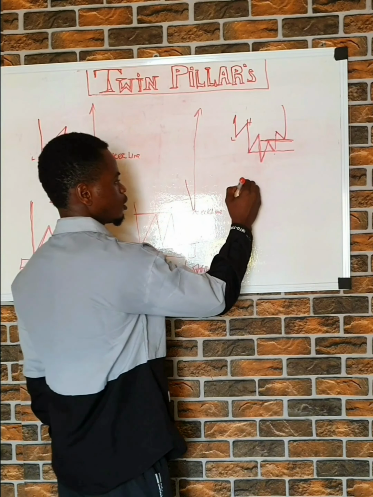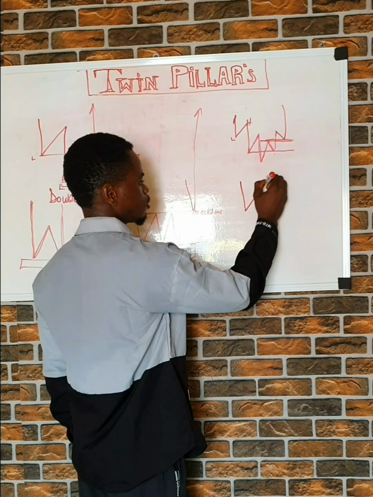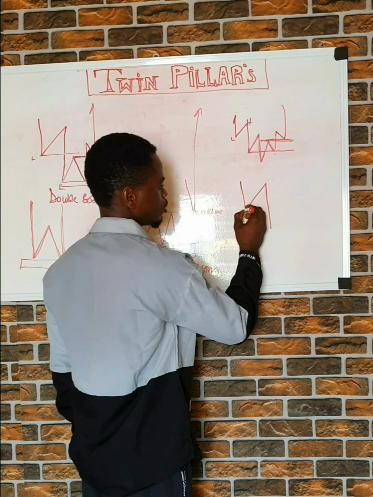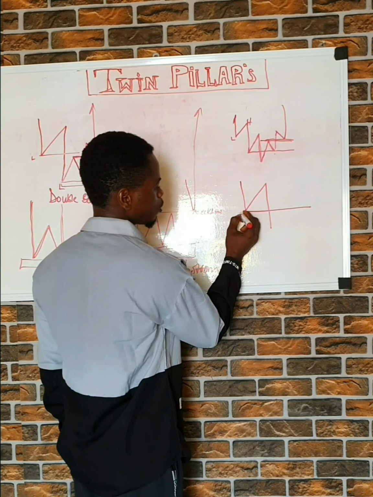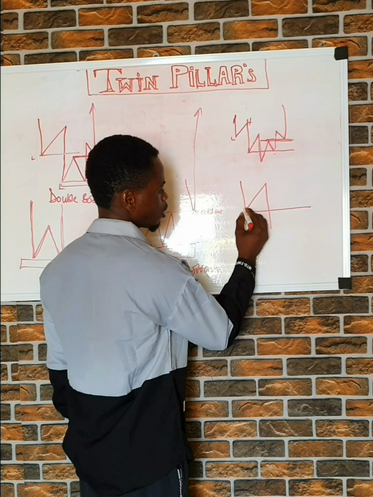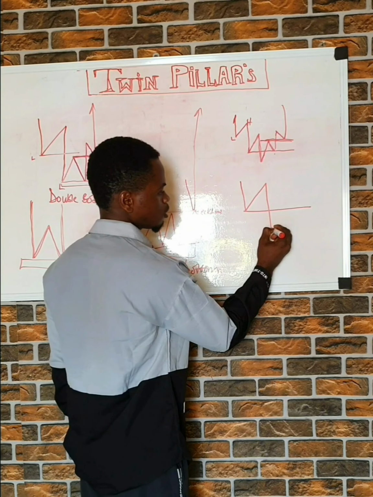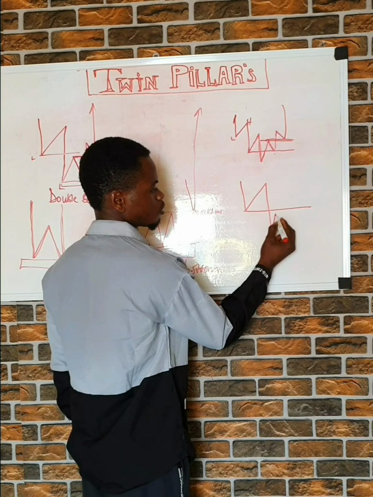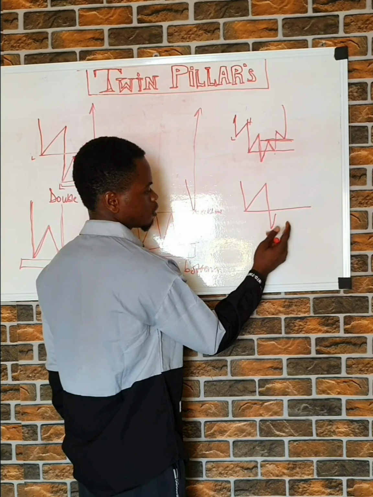Or let me just do it like this so that I can see it very well. See, this is the recent low right here that was taken out. Price came up. Normally, price is supposed to respect this low, then take out this high.